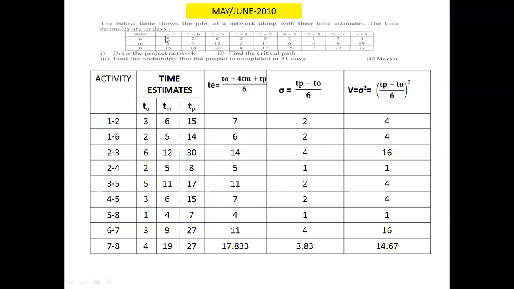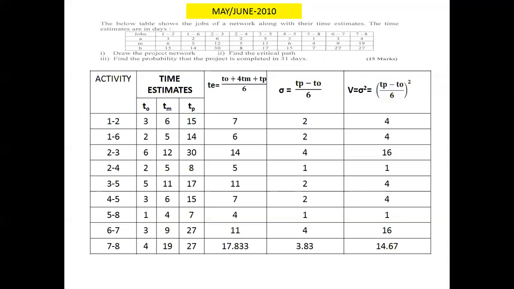Say for example, 1 to 2 has 3, 6 and 15. As we know, the optimistic time is the shortest possible time, so 3 is the shortest among these. This is the optimistic time, and the pessimistic time is the longest possible time of the three, so 15 is the pessimistic time, and 6 is the most likely time.